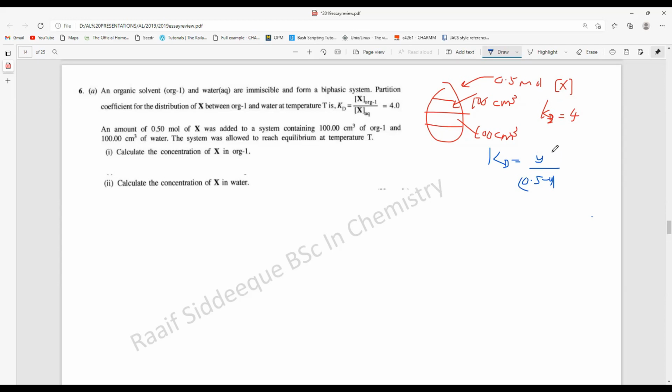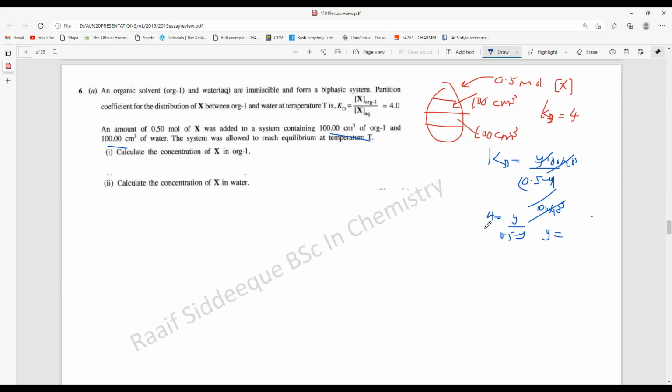In terms of concentration, it would be Y divided by 100 into 10 to the power minus 3, and 0.5 minus Y divided by 100 into 10 to the power minus 3. The volumes cancel, which is why we can directly use the amount of moles, because the volumes are the same, organic and aqueous. So here 4 will be equal to Y over 0.5 minus Y. So you can find Y from this.